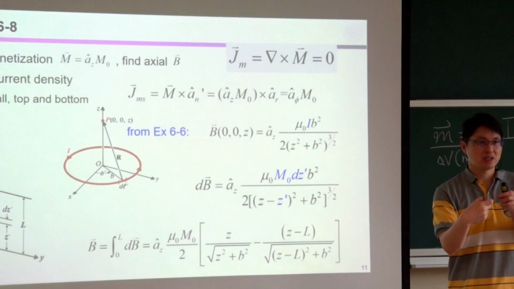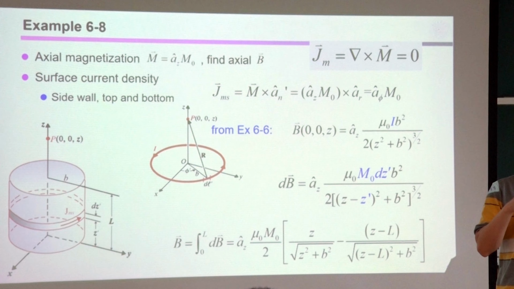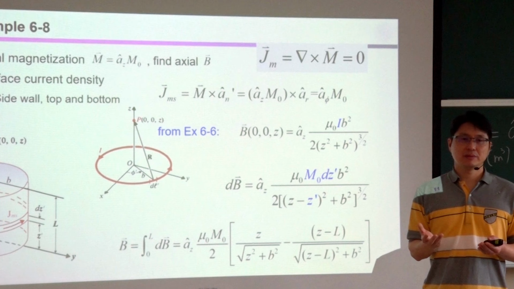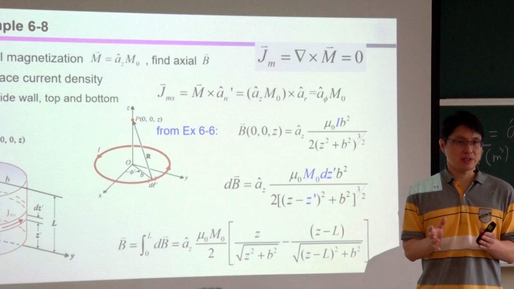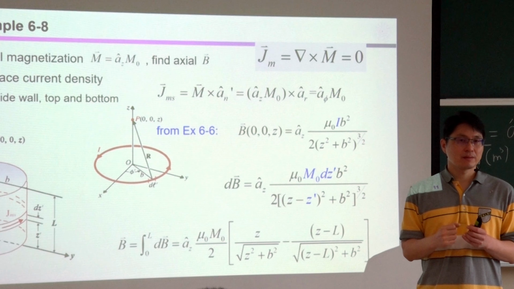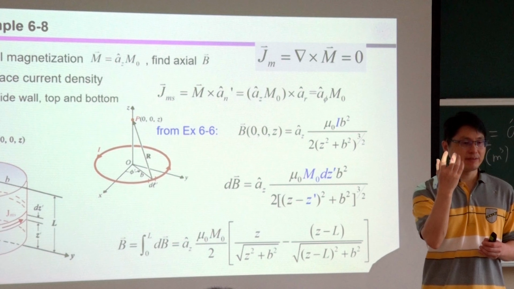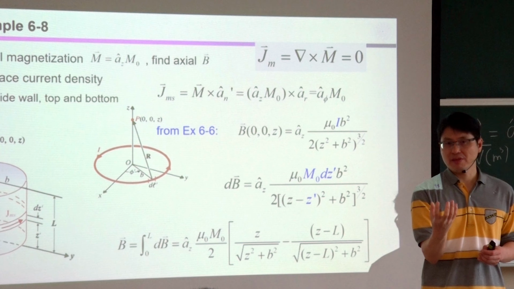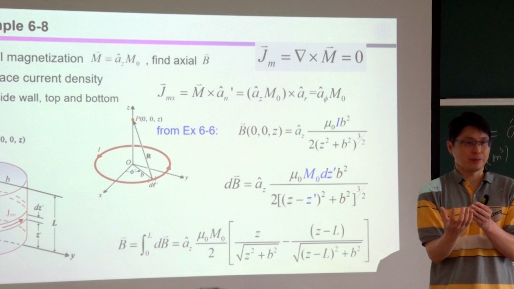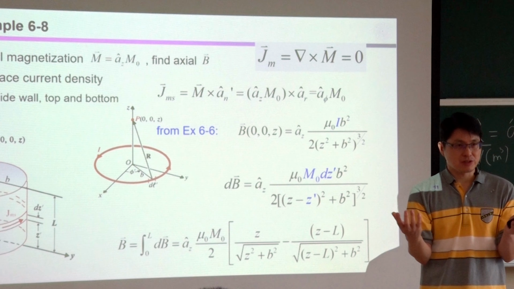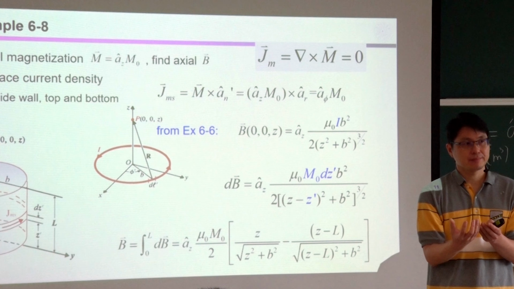In this case, you only have the surface current at the outer edge, right? So unless you have a non-uniform magnetic material, otherwise you always have surface currents. Okay? So if you have the volume current density, that means your material is suffering from non-uniformity in terms of space, right?